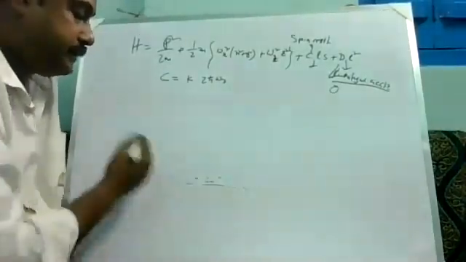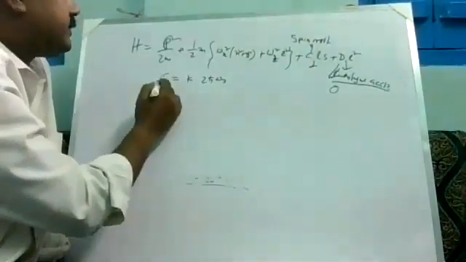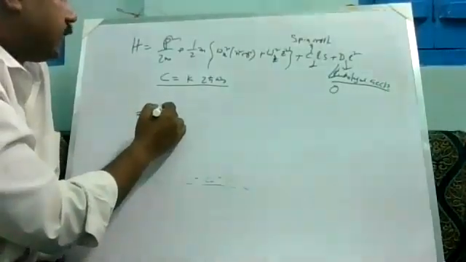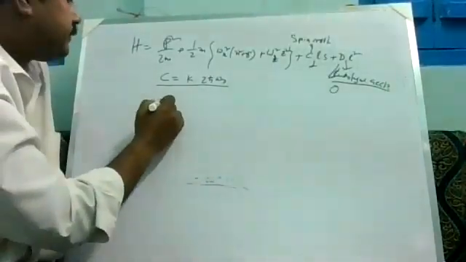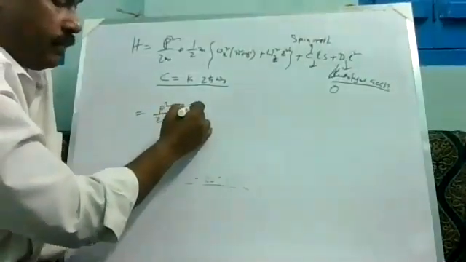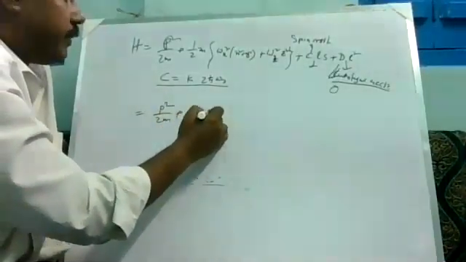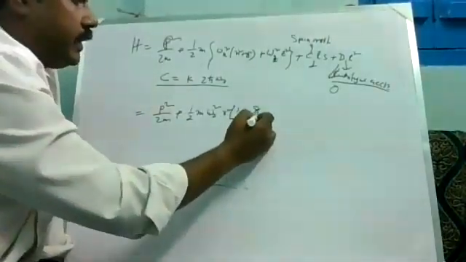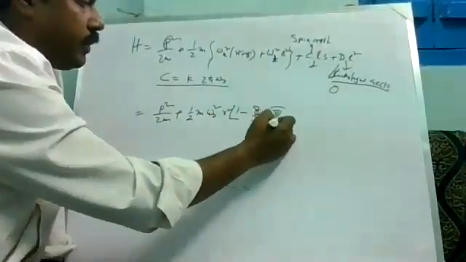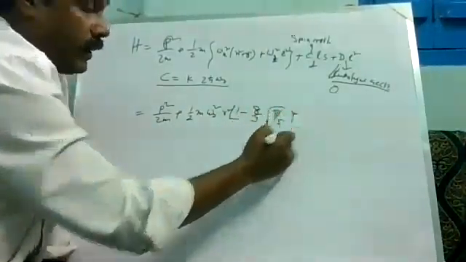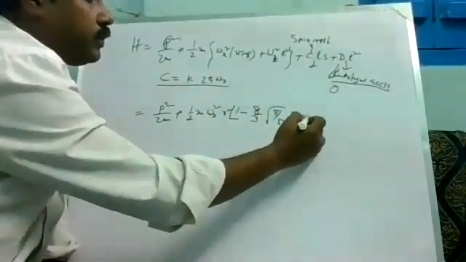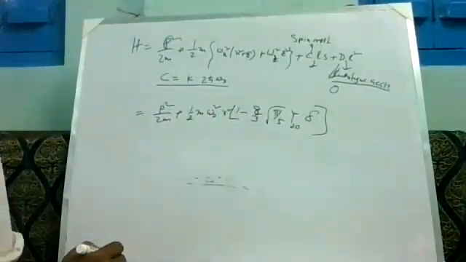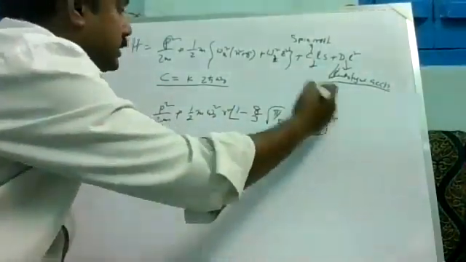Then delta E can be written as P square by twice M plus half M omega 0 square R square into 1 minus 8 by 3 root over pi by 5 Y20 delta, plus the CLS term.